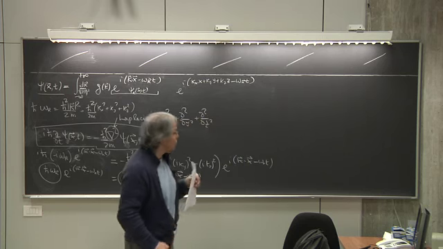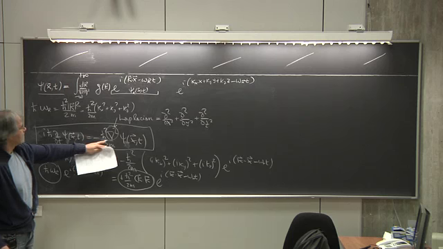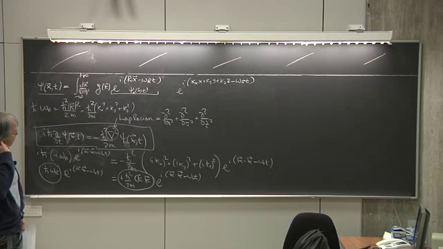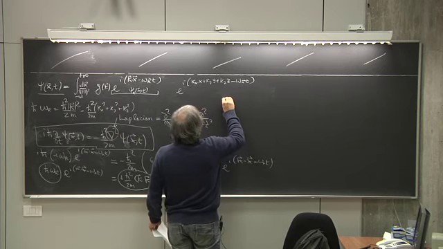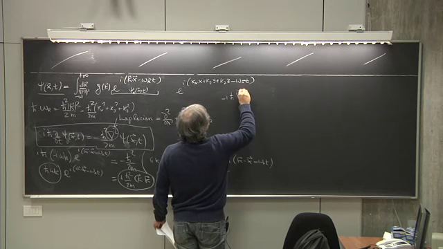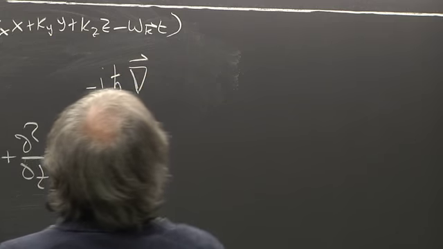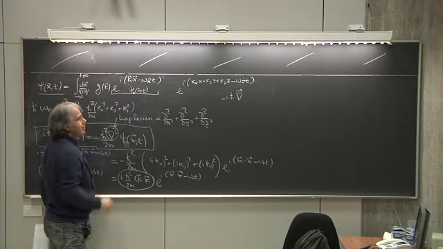Okay, let us try to study a little bit more the basic things behind. First of all, consider the following object. The operator minus i h bar, the gradient, okay? Here I have the Laplacian, so the sum of the second derivatives.